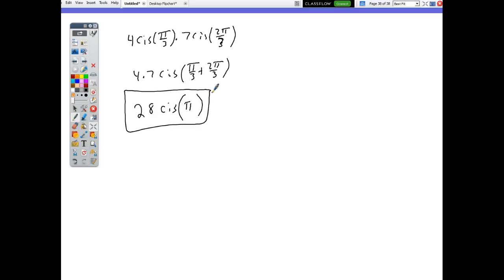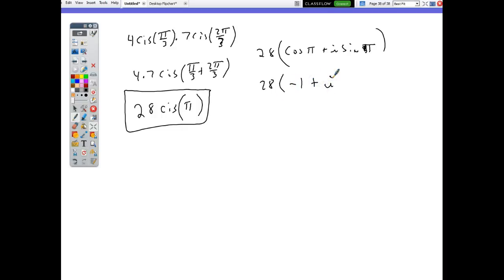What if I want to turn that back into rectangular? So I go 28 cosine of pi plus i sine of pi, right? What's cosine of pi? Negative 1.